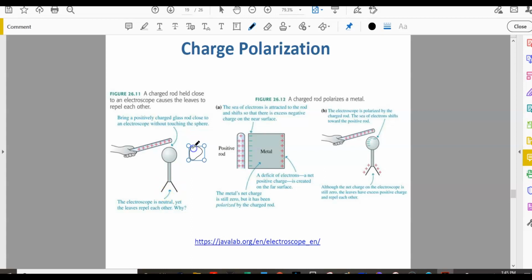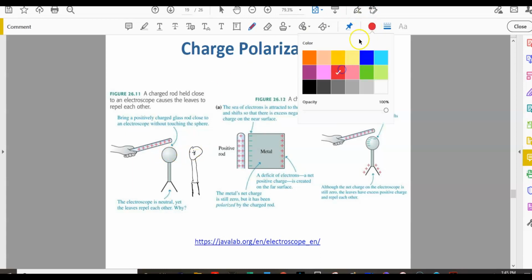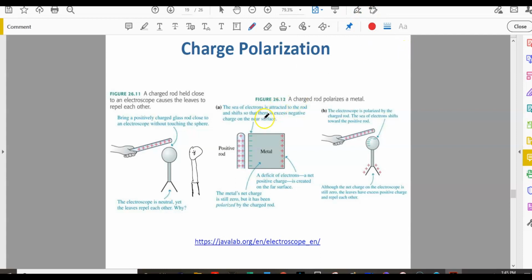If this was neutral, you'd have this object right here, and the two pieces of aluminum foil would just be hanging down right here, and kind of looks like I drew a little bit of a person there, but this is those two pieces of aluminum foil that would be normally just hanging straight down, right? But if you bring a positively charged object up here, the electrons, which are normally just, in this case I'm going to draw the protons.